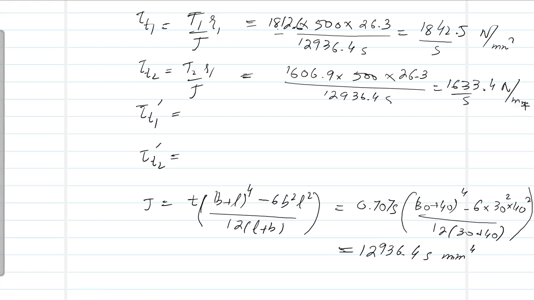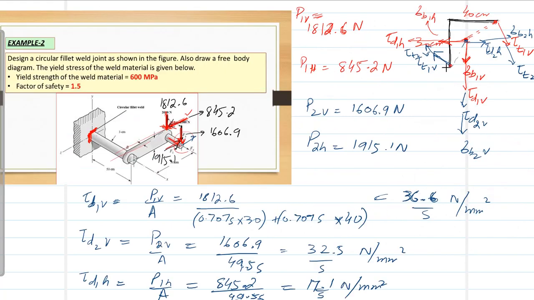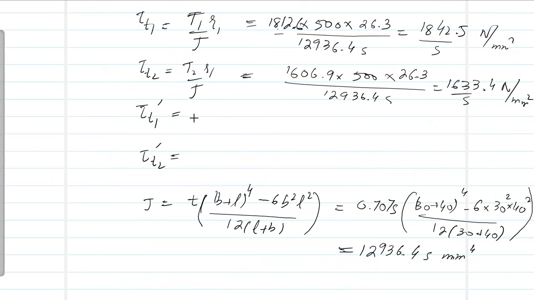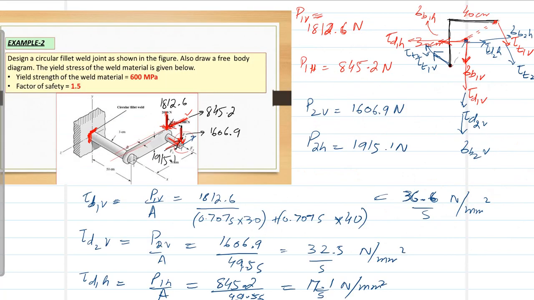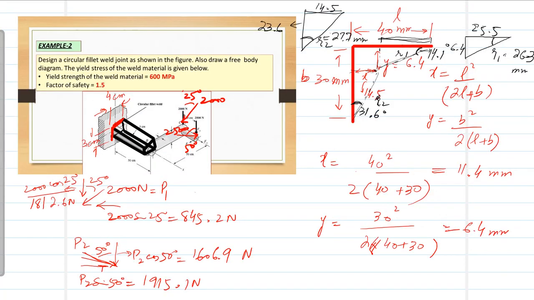Now, for the second edge, which is this edge, the distance is different, so we have to find again the torsional shear for this edge. So T1 R2 divided by J, T2 R2 divided by J. That is the same 1812.6 into 500, the load into distance. Now the R2 in this case, we have found, is 27.7.